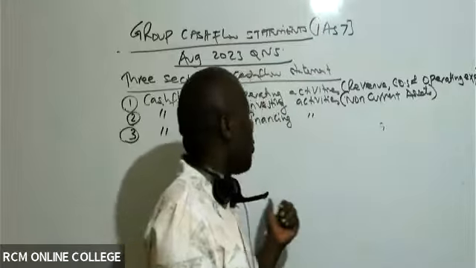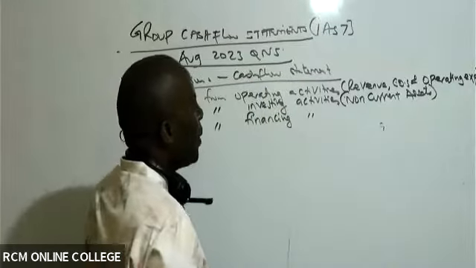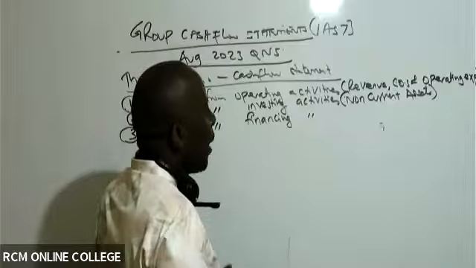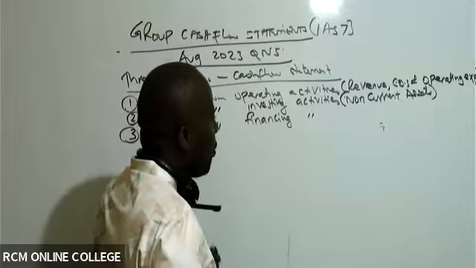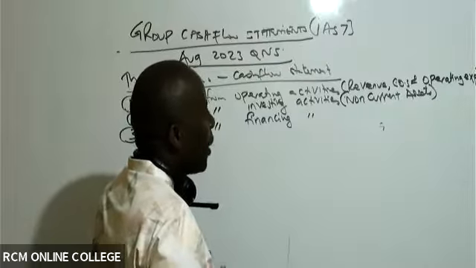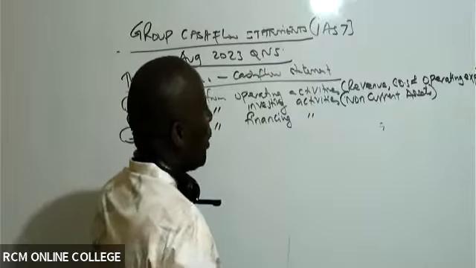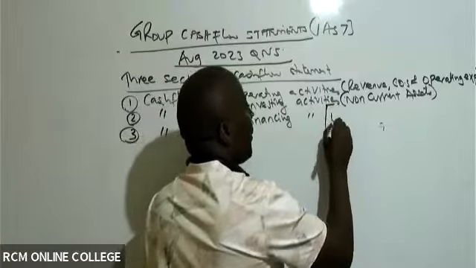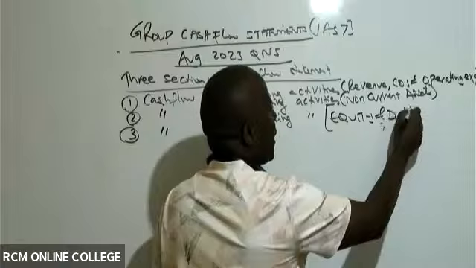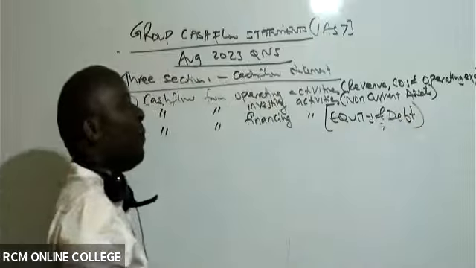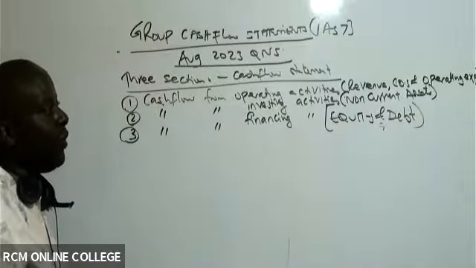And then when you talk about financing activities, we are looking at how we acquire this capital. In this case, how do we acquire funds for running our company? So we are looking at equity and debt. At times we have preference shares, but preference shares are not very common.